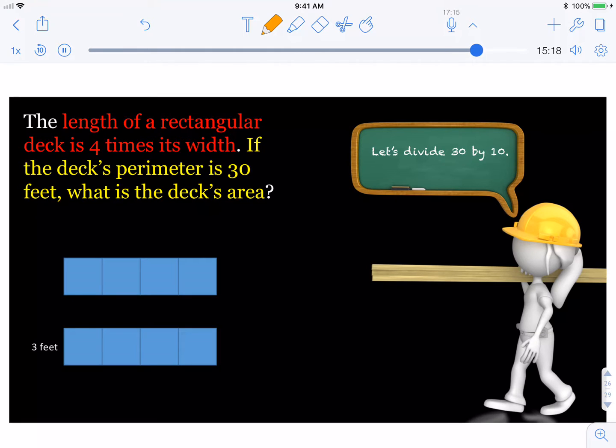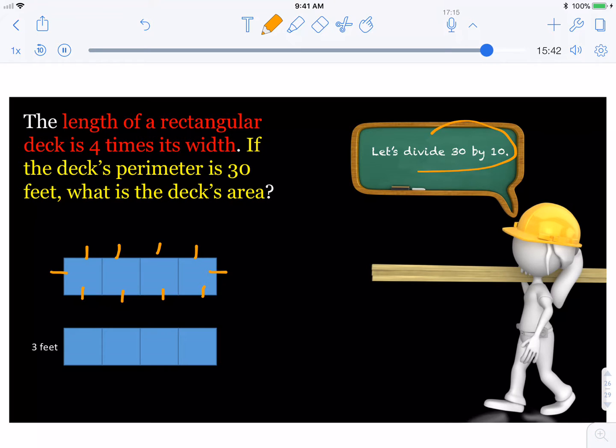If I start on the top row, I have 1, 2, 3, 4, 5, 6, 7, 8, 9, 10. So I know that I have 10 sides all the way around my rectangle.